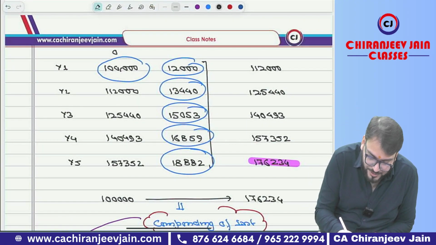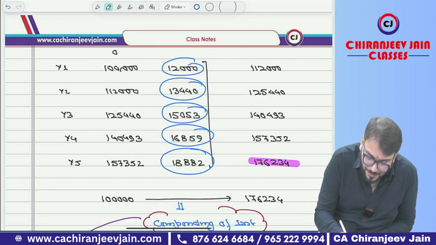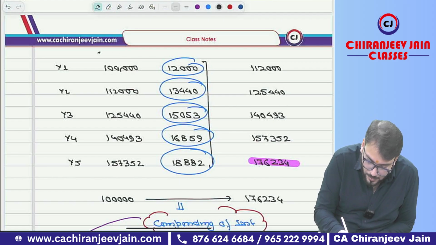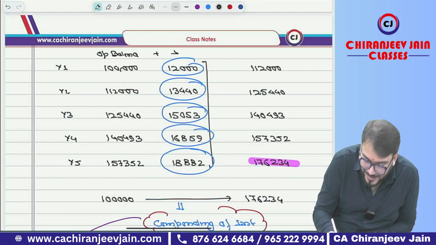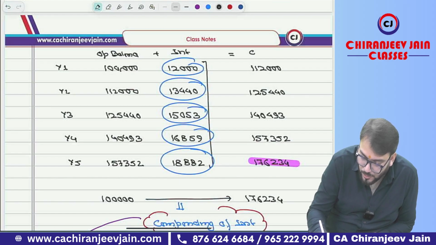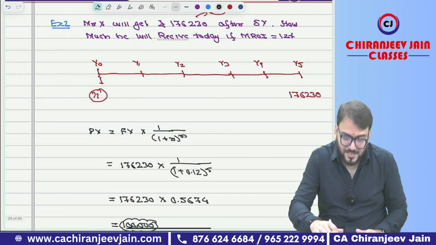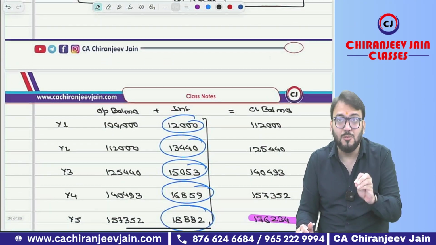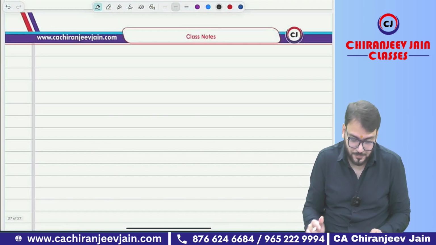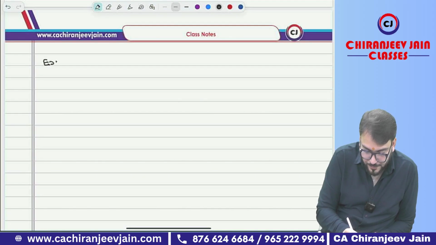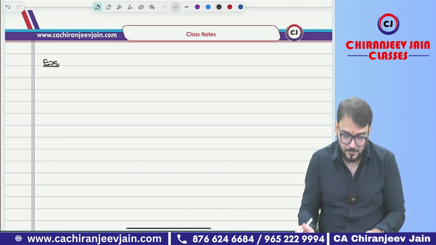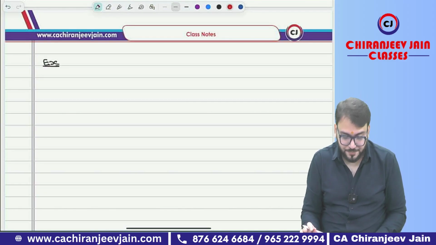It means what we have done. Means in this table, if you see, this is the opening balance. And when we have added interest, this becomes the closing balance. Understood? Chalega. With one example, I have tried to inform you what is present value and what is future value. Now let me take one example. Just try to understand.